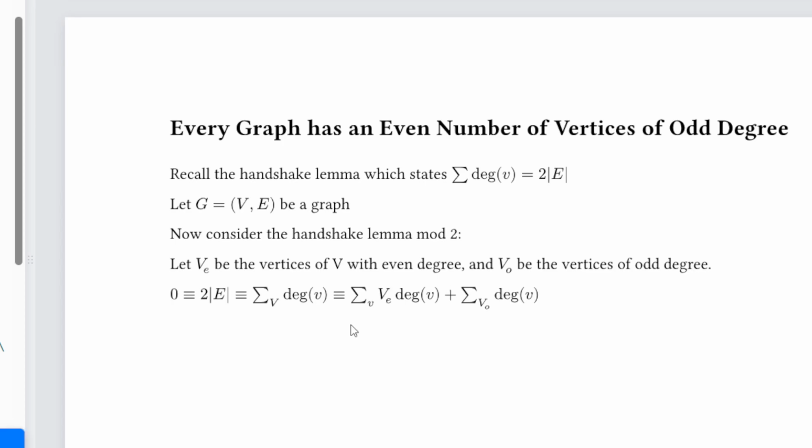We'll say v in V_E, and then in the other case v in V_O. Okay, and now we can actually get rid of the first part of the sum. So this sum over V_E, because all the degrees are even, we know that they're all 0 mod 2, and thus they contribute nothing to the sum.